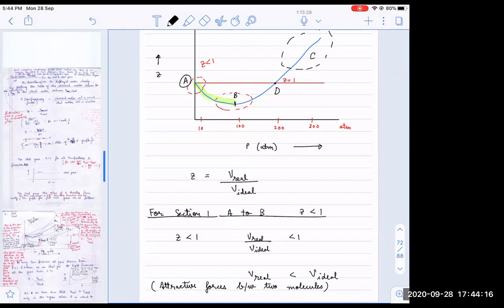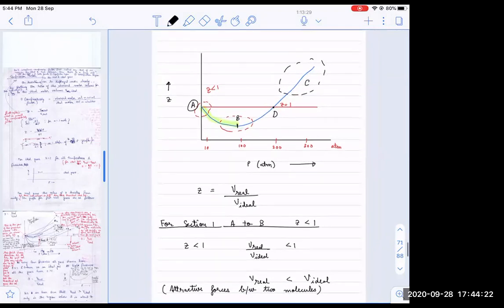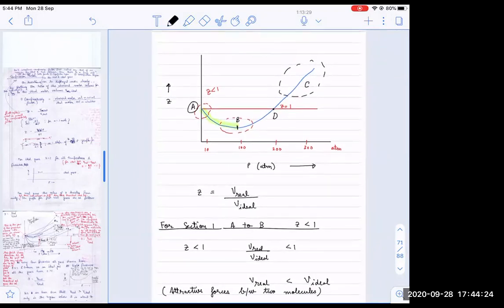Now do one thing, please copy this part. In doing so, you will spend some time with this, and then we are going to move to the next section, and that is very, very interesting. Let me know if you have any doubts. Please copy the graph, and around the graph, please leave spaces.